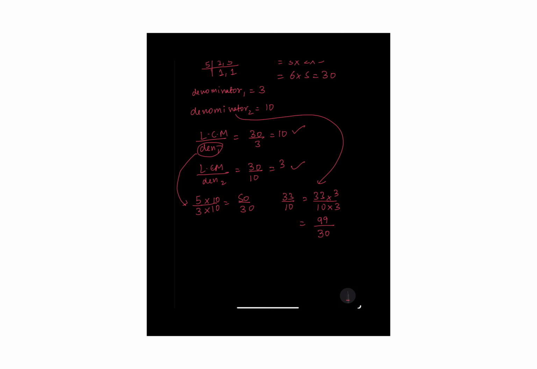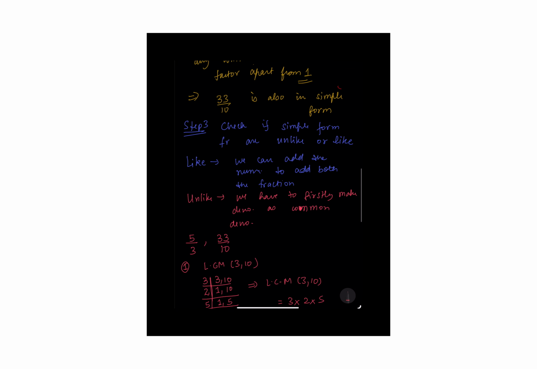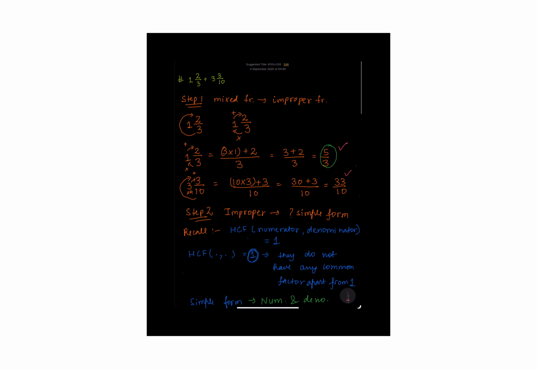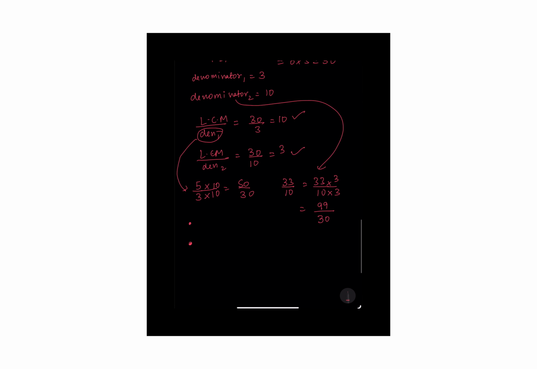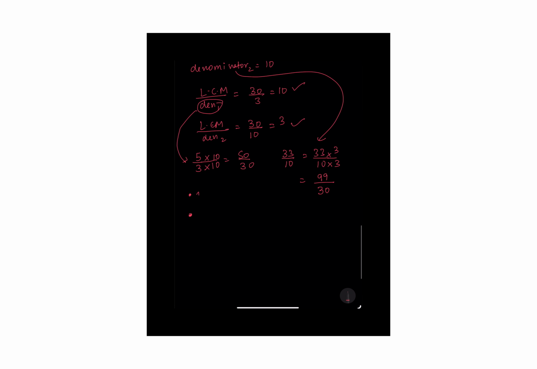Now the fractions which we have gotten from our original fractions. Let's go back to our original fractions. Our first fraction was this one, and this becomes 50 by 30.